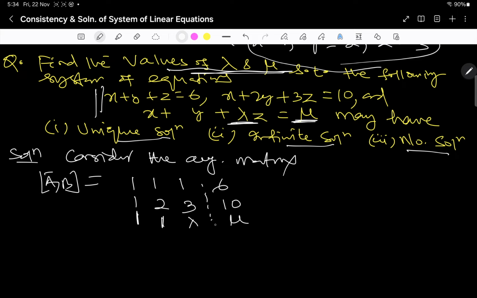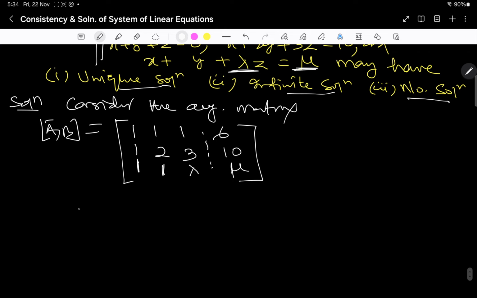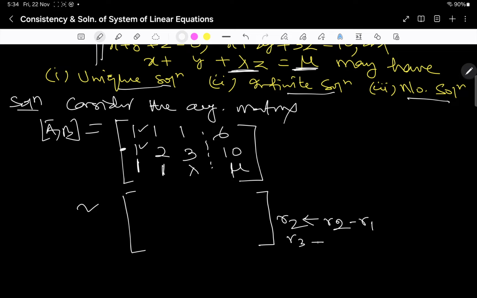Okay, so as usual we adopt the technique of row operations to bring it to an upper triangular matrix. So R2 is replaced by R2 minus R1 and R3 is replaced by R3 minus R1.